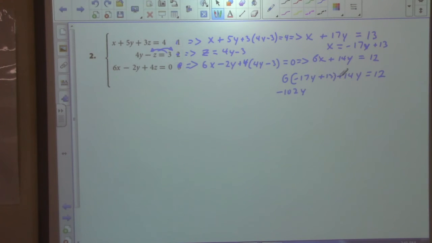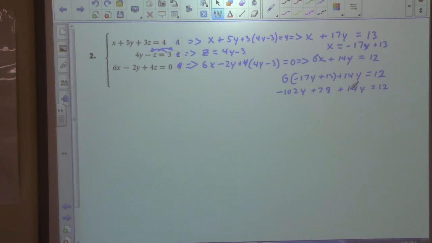And then 6 times 13 is 78. So plus 78 plus 14y is equal to 12.